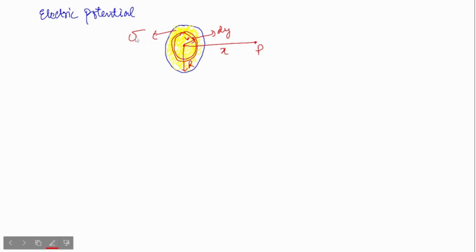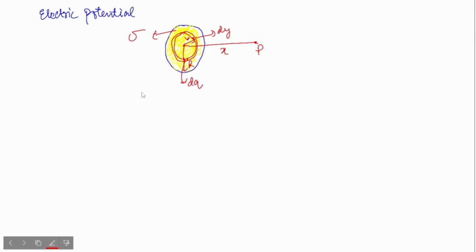We'll take an elemental charge dq on this ring. Let's say this charge is dq, and we'll find electric potential due to this charge.